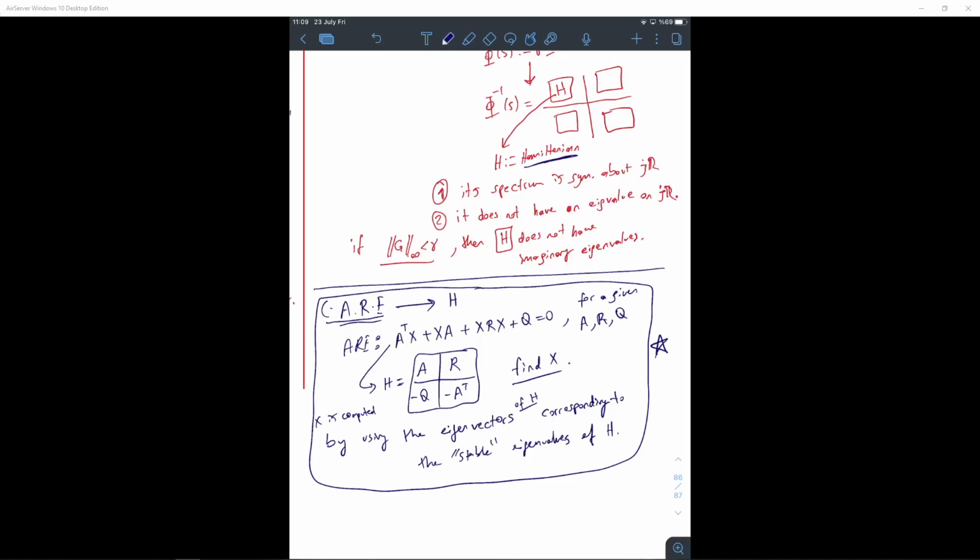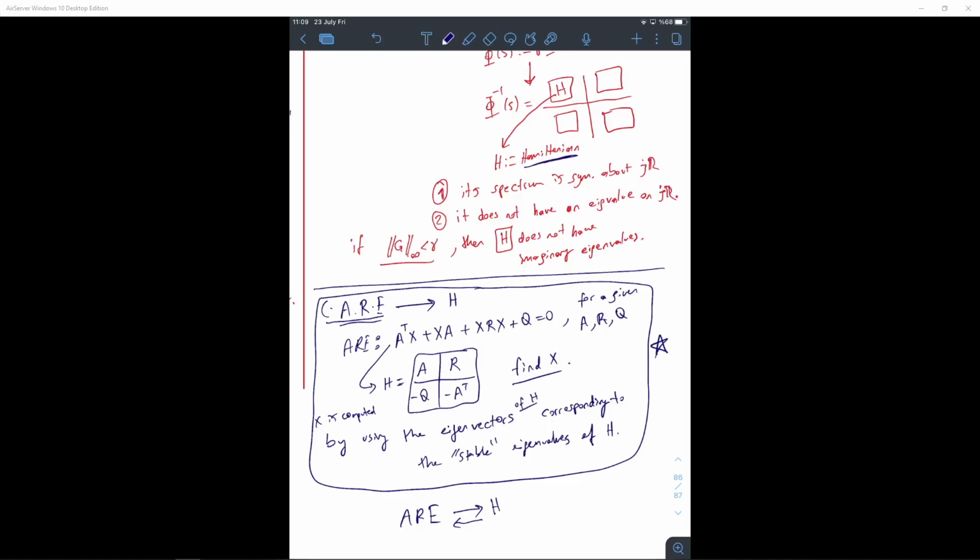So for any algebraic Riccati equation, there exists an associated Hamiltonian, and the relation is reciprocal. When I say Hamiltonian, I mean a matrix which, one, doesn't have an eigenvalue on the imaginary axis, and two, its spectrum is symmetric about the imaginary axis.